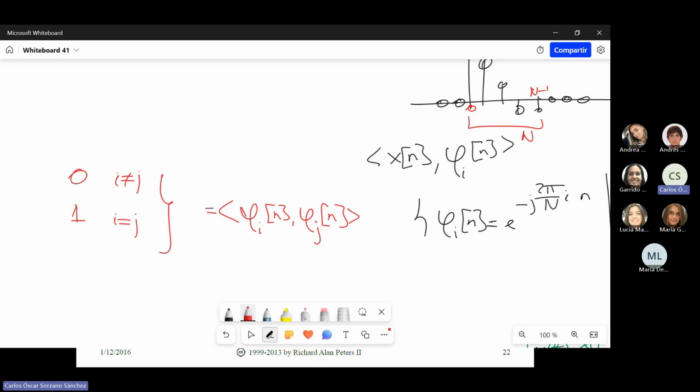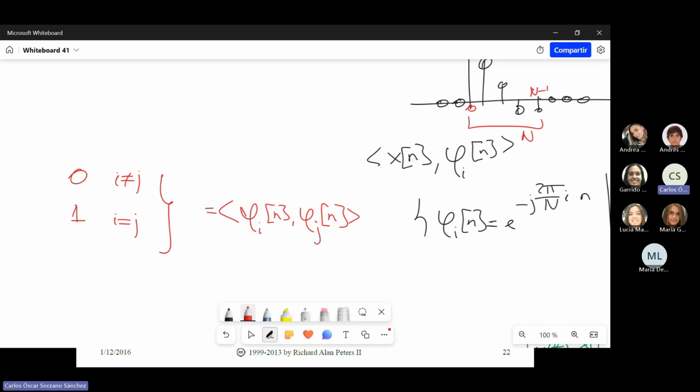This happens for the complex exponentials. It also happens for the deltas. If you multiply two deltas that are not in the same location, the product is 0. If you multiply two deltas at the same location, the product is 1.